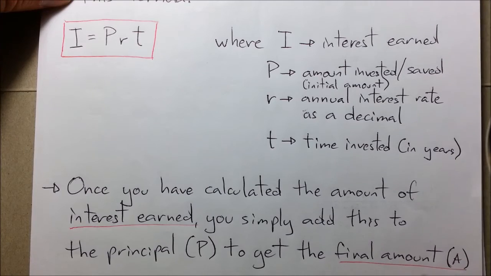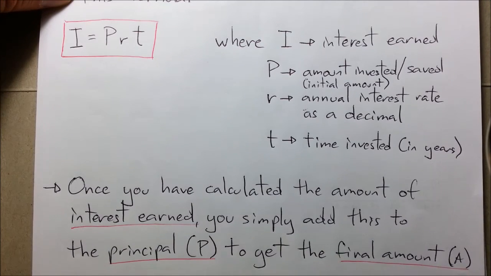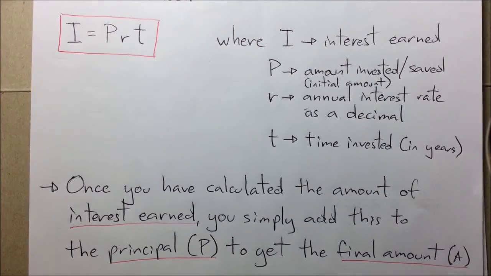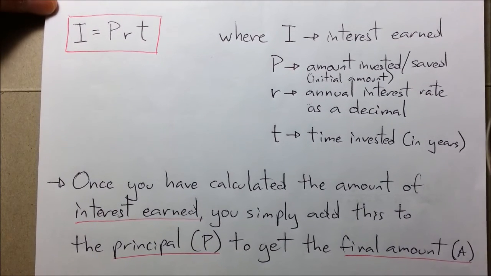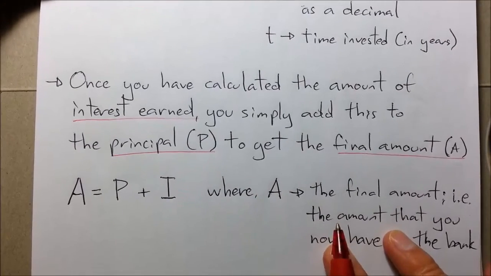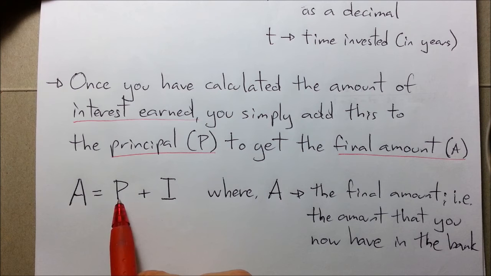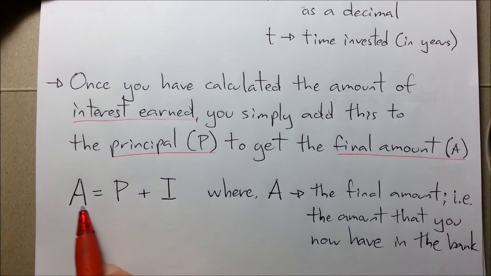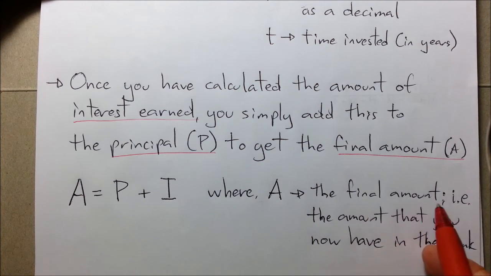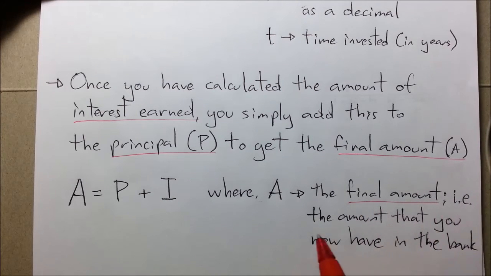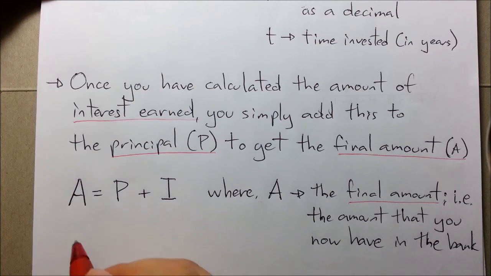Let's underline these key terms that we need to get familiar with. And of course, once we get the interest earned, you simply add this to the principal to get the final amount, and that formula is this. We add the interest earned to the principal, the initial amount, in order to get the final amount. A is the final amount, let's underline this. That is the amount that you now have in the bank after you invested it for a number of years.